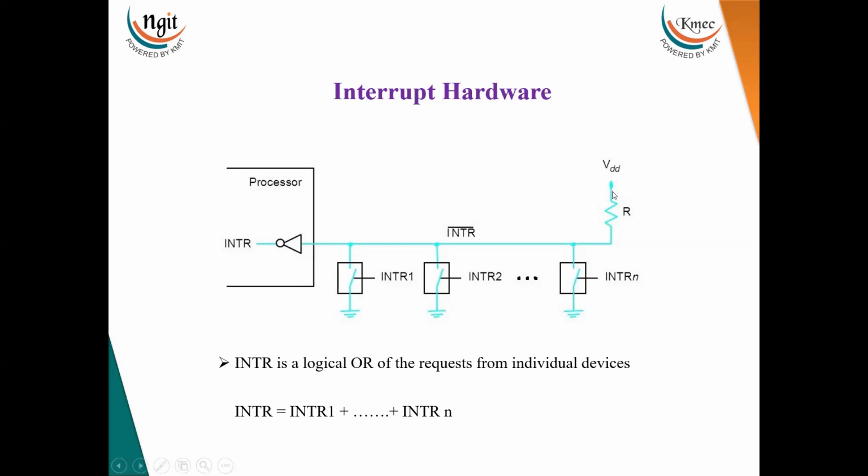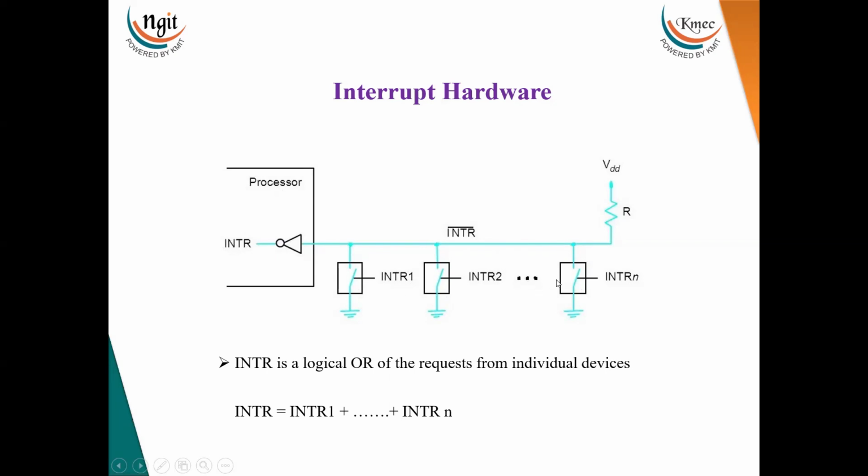Then this logic 1 is available on this line, so INTR bar is equal to 1. Then after this inverter NOT gate, INTR is equal to 0. With this, the processor understands that no interrupt signal is generated.